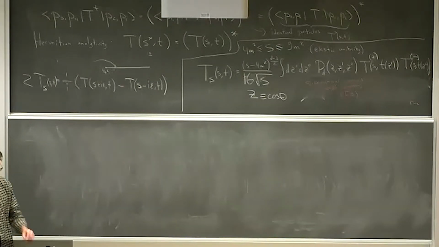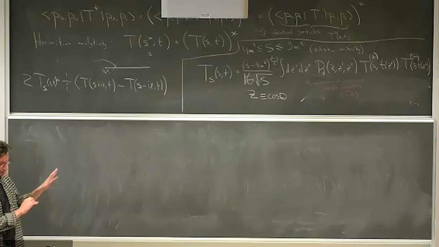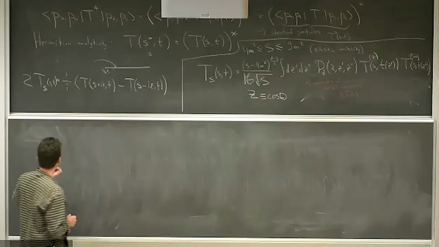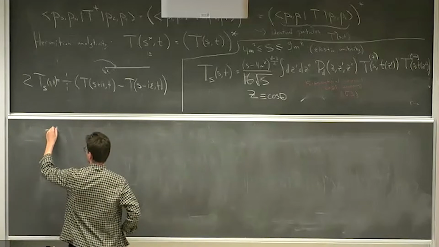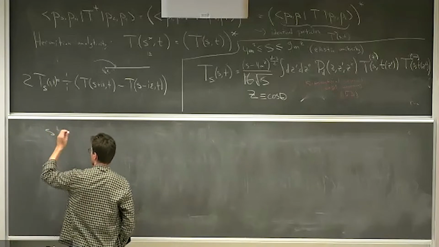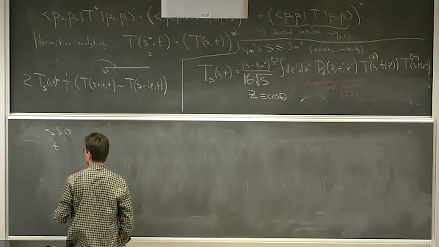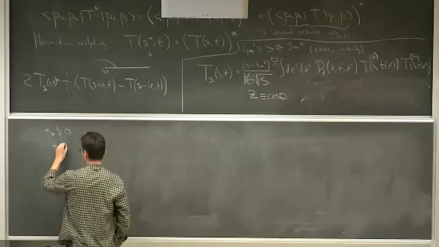But it's related. So in the physical region, I described this Mandelstam triangle, and remember, it's got three regions: S positive and T negative. You can ask, for example, what if I take S positive and T also positive?